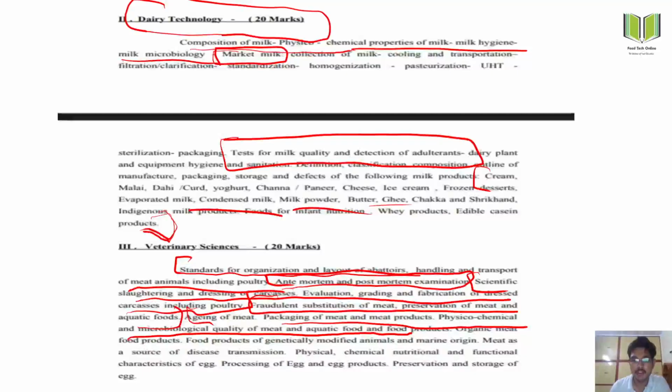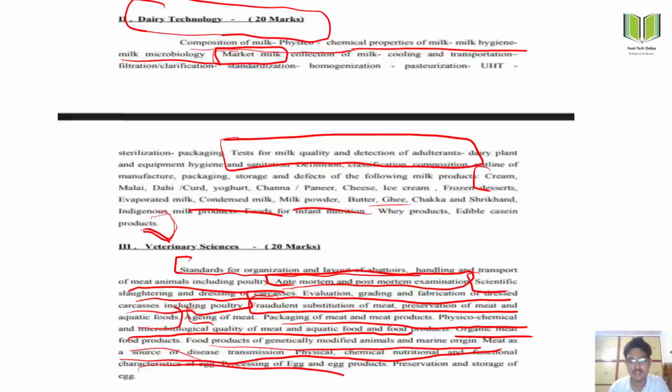These are the major portion. Then we have organic meat like food products, then food products of genetically modified animal, marine origin, then meat as a source of diseases and transmission, physicochemical, nutritional and functional characteristics of egg.